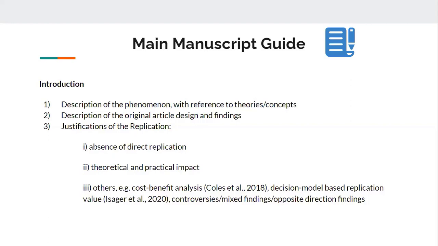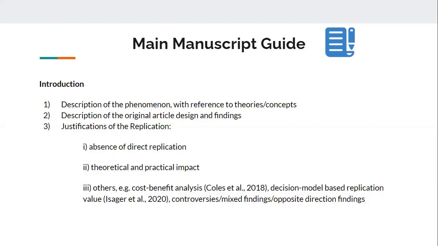And another justification is cost-benefit analysis, which means that we expect the benefit of the replications to be larger than the cost. The benefits include ensuring the finding is reliable, preventing waste of resources or time building on unreliable findings if the original finding turned out to be a false positive.